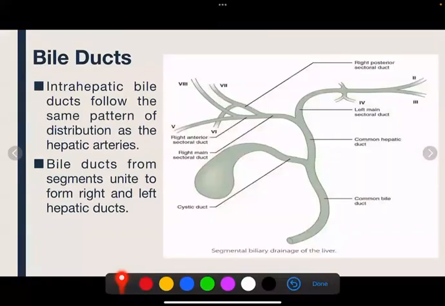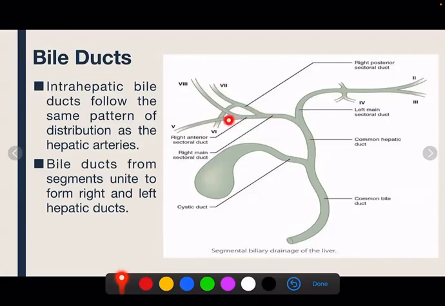Starting with the bile ducts, the intrahepatic bile ducts follow the same distribution as the hepatic artery and the portal veins. The bile ducts from the segments usually unite to form the right and left hepatic ducts. As we can see, this is the left hepatic duct formed by the fusion of the hepatic ducts of segments 2, 3, and 4 of the left lobe of the liver. The right hepatic duct is formed from the fusion of the right anterior duct and the right posterior duct.